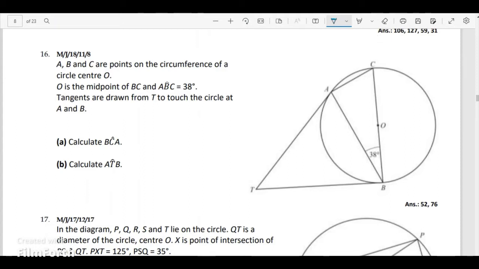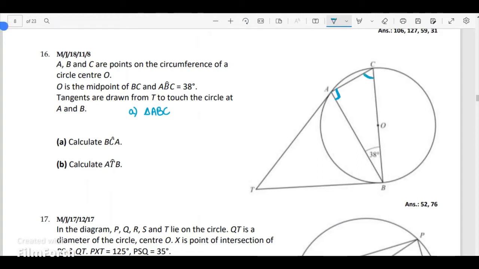So first of all, we see the center has been marked. So BC would be the diameter, because this is a chord passing through the center, hence the diameter. And we know that whatever angle a diameter makes on the circumference, it's always 90 degrees. So this angle right here would be the right angle, 90 degrees. If you look at ABC, now it's a right angled triangle. So I'm looking at triangle ABC for the A part, because I have to figure out this angle.